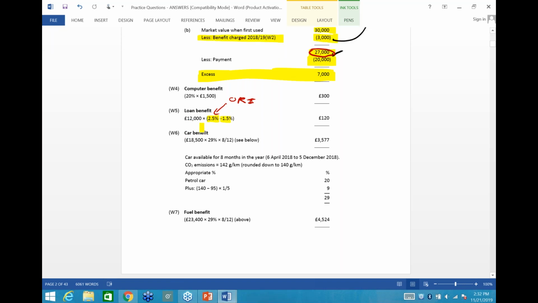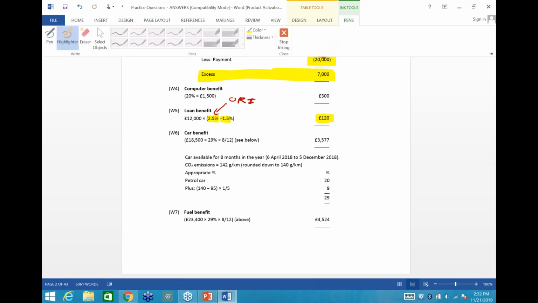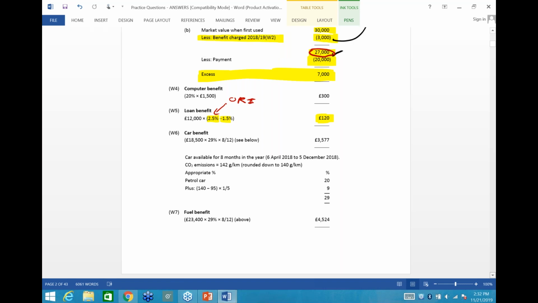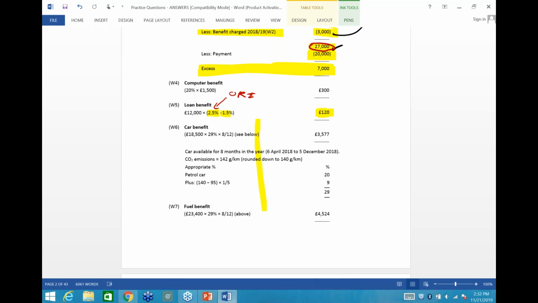I haven't paid any part of the loan. So on the full 12,000, my benefit is 1%, which is 120 pounds. Therefore, I need to pay taxes on these 120 pounds, which gives me a taxable benefit.